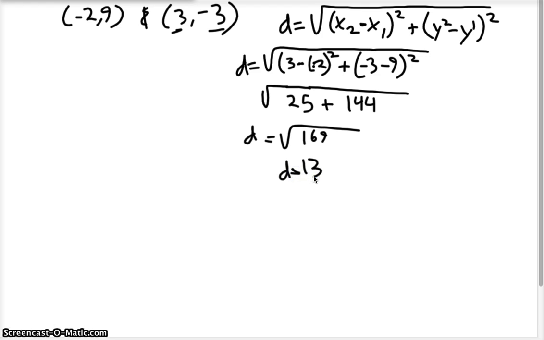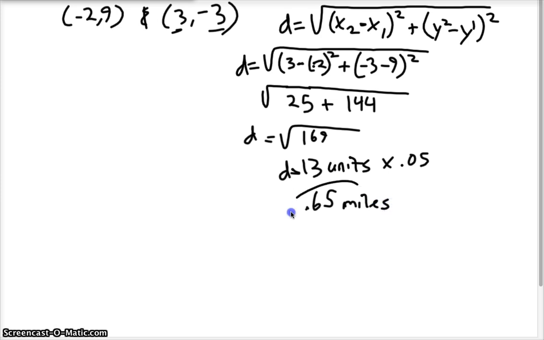And what units are we dealing with? We're dealing with miles, but remember that it said 1 block equals 0.05 miles. So what we're going to have to do is multiply this by 0.05. When we do 13 times 0.05, we end up getting 0.65 miles.